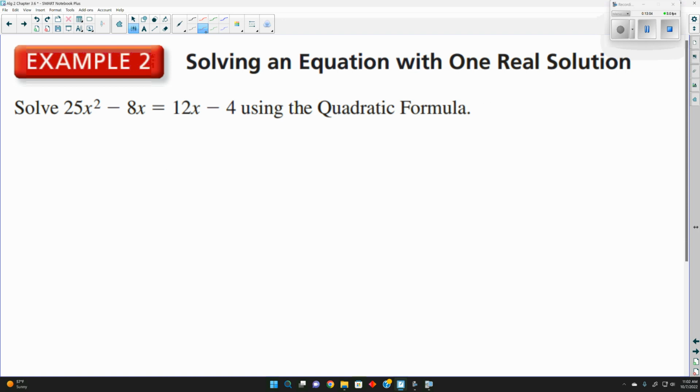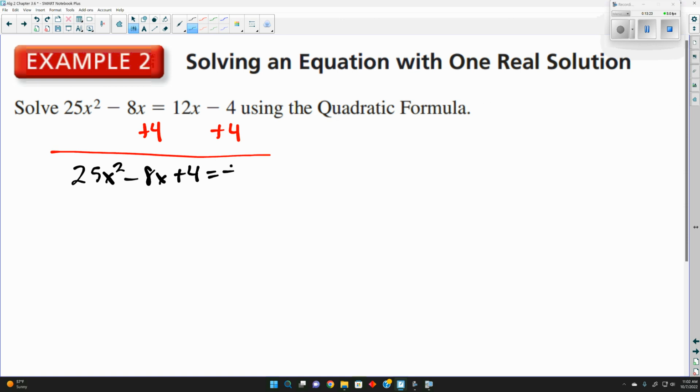So, what can we do first? We can add 4 to both sides, which tells us that we have 25x squared minus 8x plus 4 is equal to 12x.